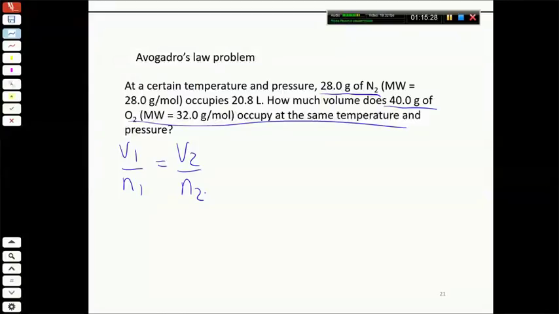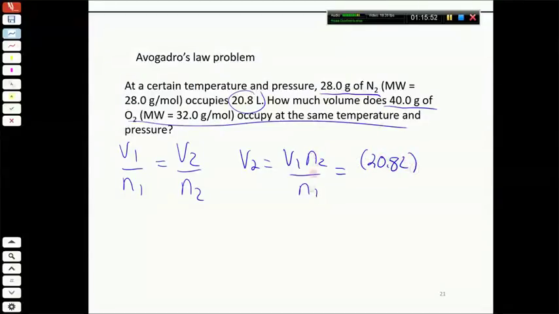Okay, so here again we're relating volume and number of moles, and we're solving for the volume of O2, the second volume, so we can call that V2, although we could of course set it up either way. So it's going to be V1 times N2 over N1. The volume of the N2 is 20.8 liters.